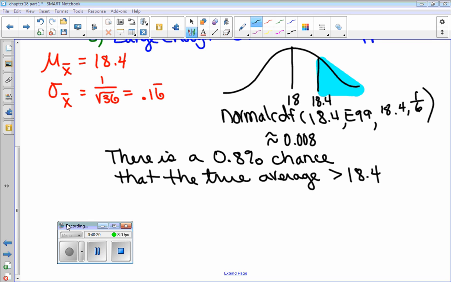Very unlikely. Therefore, there's not enough evidence to overturn the claim.